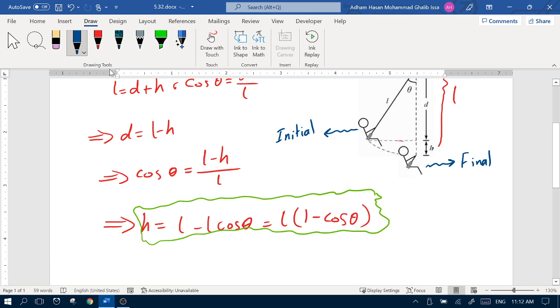Initially, you only have the gravitational energy. You know that UG initially is equal to m, the mass, g, the gravitational field, multiplied by the height h. Again, what is h? h is L multiplied by 1 minus cosine theta. Of course, there is no initial kinetic energy because he was at rest, so 0.